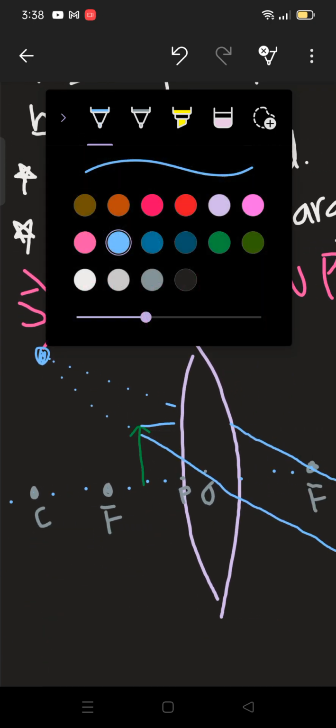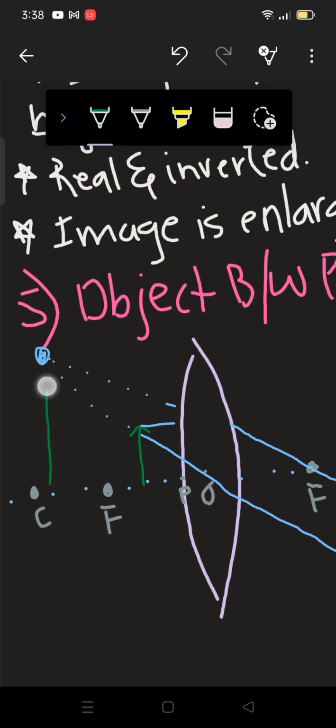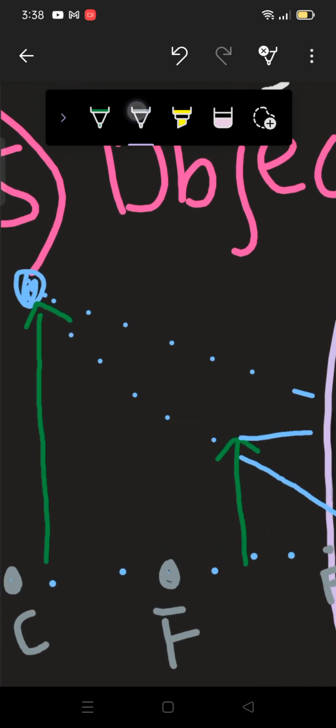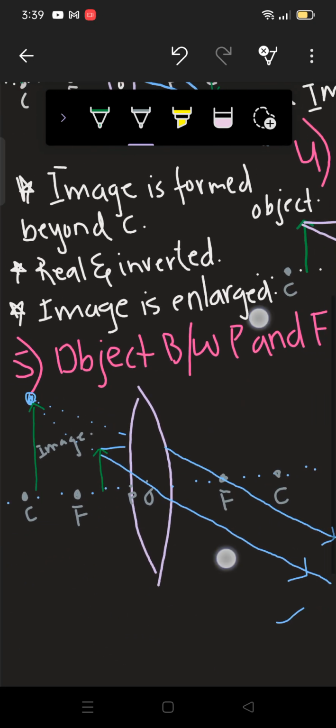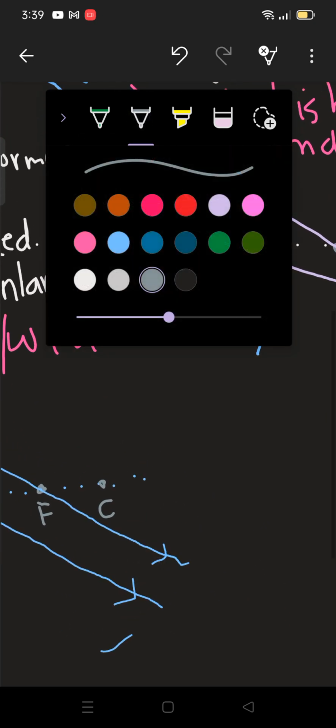So where this image is formed, this is formed behind the mirror. Wait, let me write here. This is image. So let me write the properties of this first.